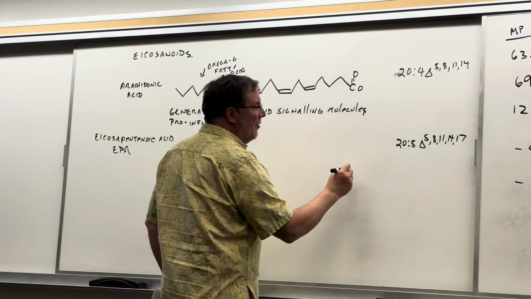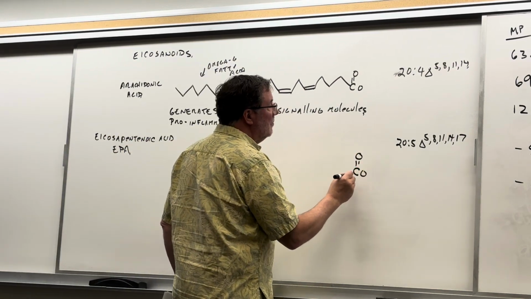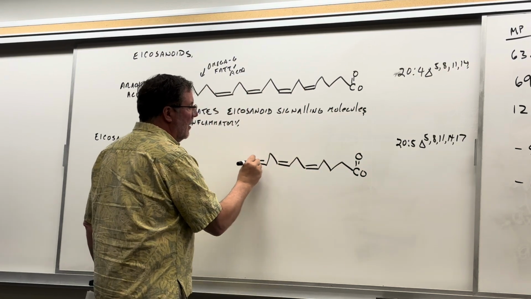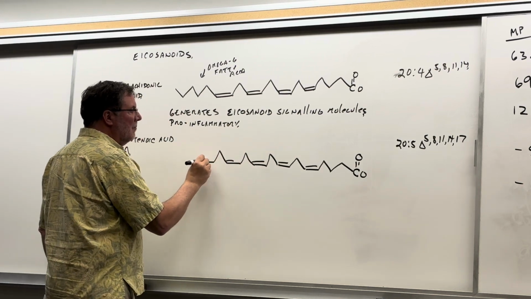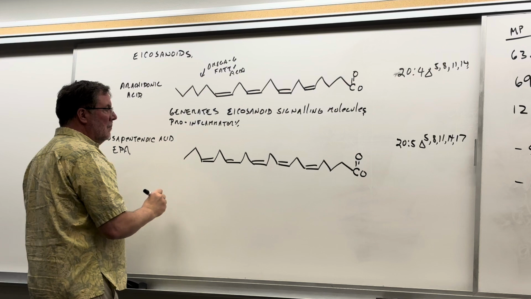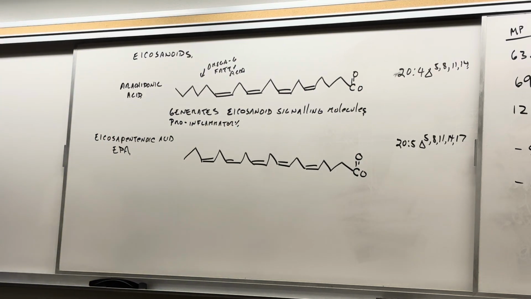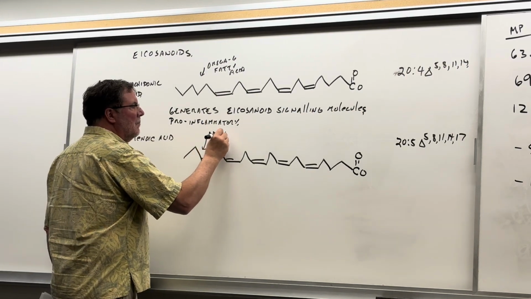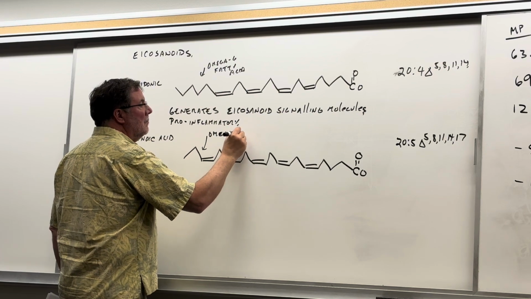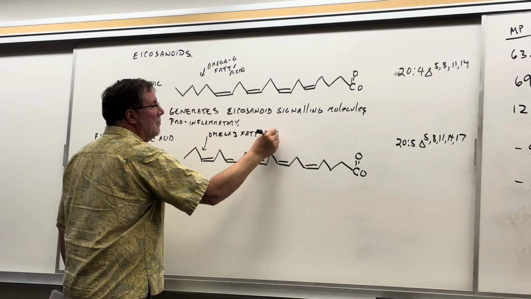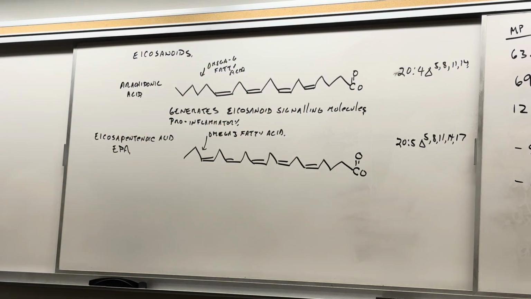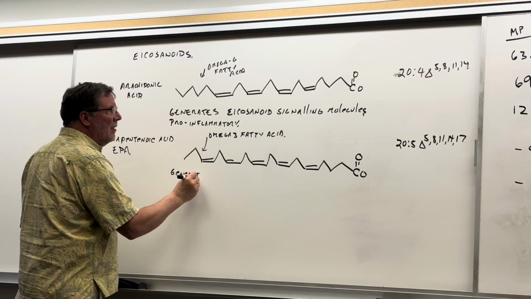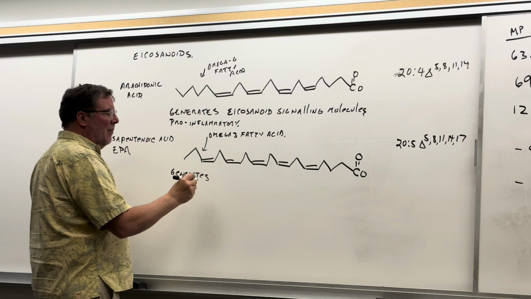So it has a very similar structure to this, except now there are 5 double bonds. That's the structure. And now this one is an omega-3 fatty acid. So this generates eicosanoid signaling molecules that tend to be anti-inflammatory.